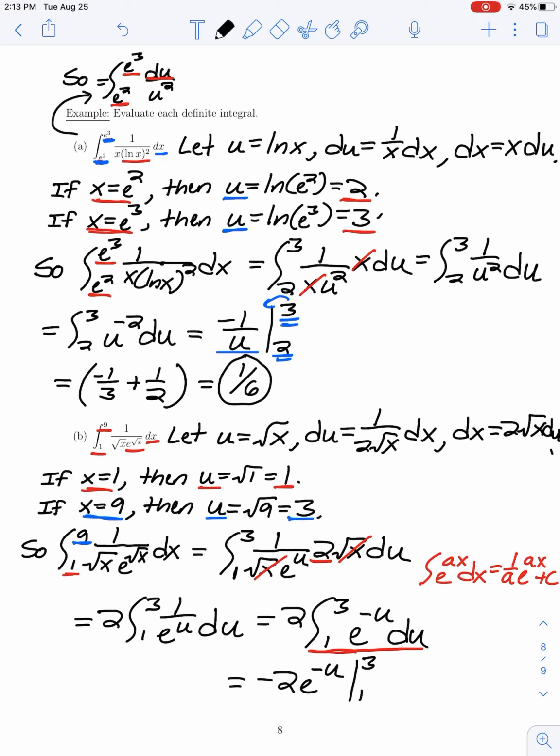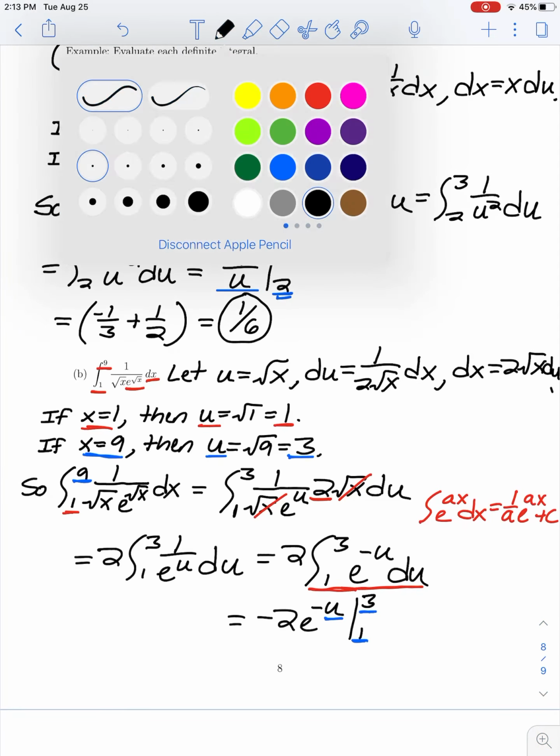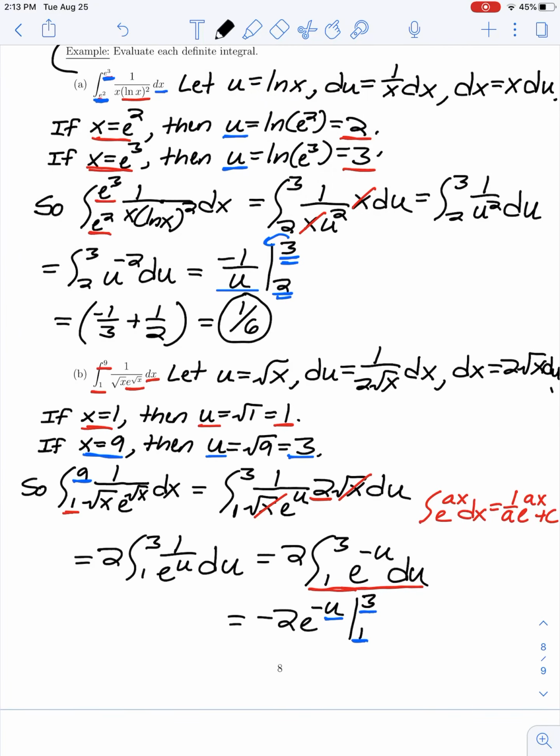So again, here we don't need the plus c term because this is a definite integral. And I don't need to get my antiderivative in terms of x because these values, 1 and 3, are values for u. I want to plug those into this antiderivative directly. So let's see what we have.